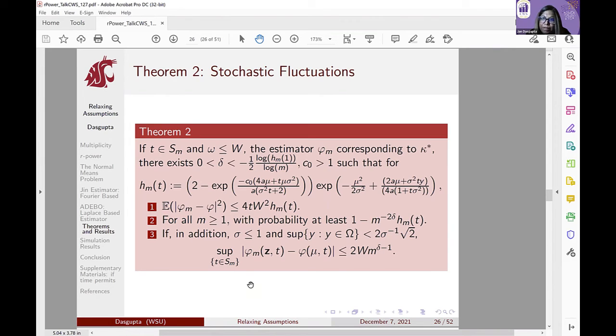But one of the things we show in our second theorem is that with this Laplace transformation, we can reduce the stochastic fluctuations, which was a problem with our Gene estimate. There was a lot of fluctuation, so we control these fluctuations. The rest of it, don't worry about it.